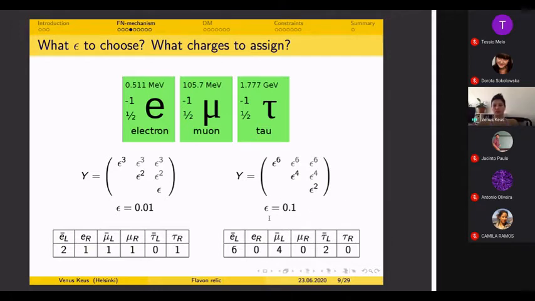What matters is that whatever value of epsilon you pick, make sure that you can fix roughly the order of the masses of leptons with the charges that you give to your leptons, and then you fix exactly the correct masses or Yukawa couplings that come out by adjusting these order 1 coefficients.